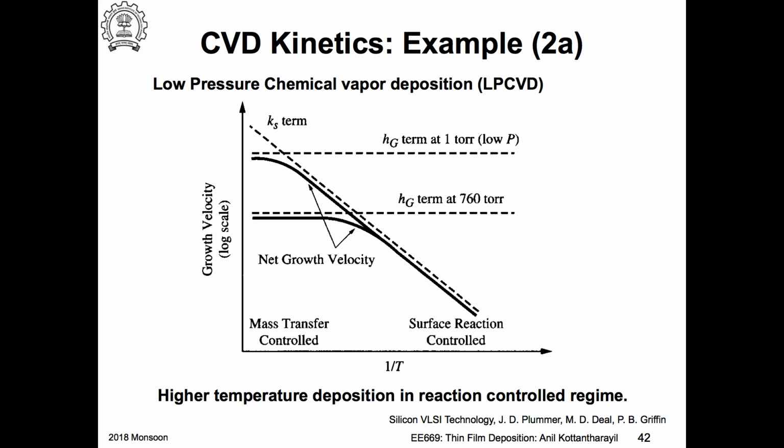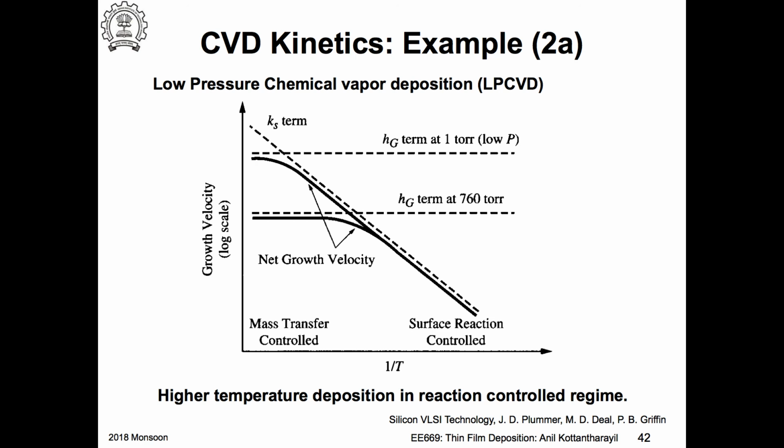So, all these high temperature processes, for example diamond growth, if I want to do diamond CVD, I mentioned that you need to do the process at very high pressure, also at high temperature. So, that process would always be happening in a mass transfer controlled regime. Very high pressure, also high temperature.